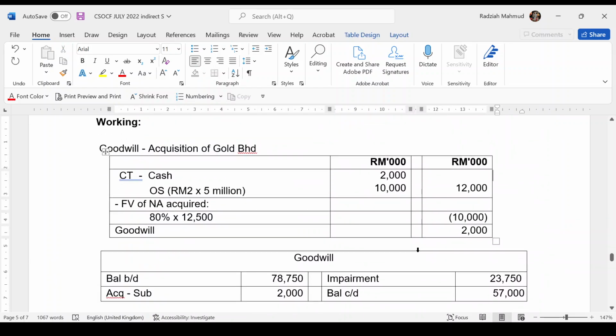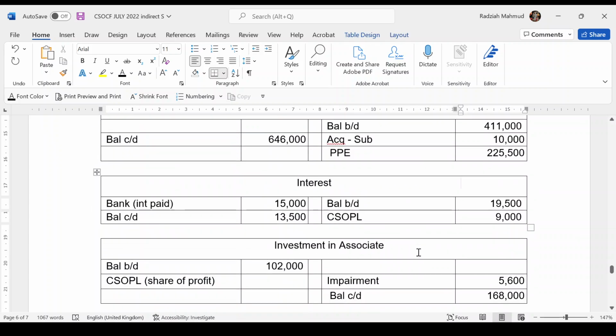And then we go back to our investment in associate account. We put in the figure. There is no other information that affects investment in associate, because we have done the additional information. What we have left here is the dividend that we receive from associate.